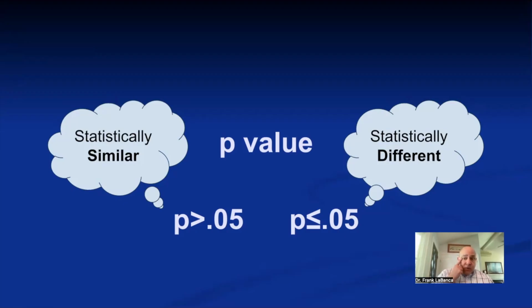And this is a standard relationship. It's one you really want to lock in with and understand well. Less than 0.05, statistically significant. Greater than 0.05, statistically similar.